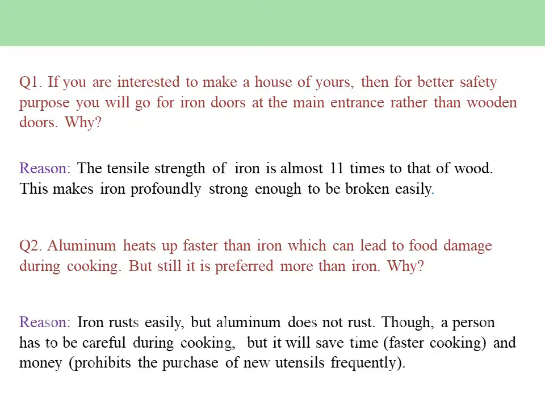Comparing aluminium and iron, iron rusts easily, but aluminium does not rust. The point is, aluminium also rusts, but after a certain point of time, the rusting stops. The difference is that aluminium also rusts, iron also rusts, but the rusting of aluminium stops after a certain point of time.